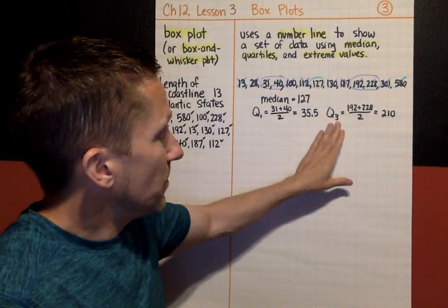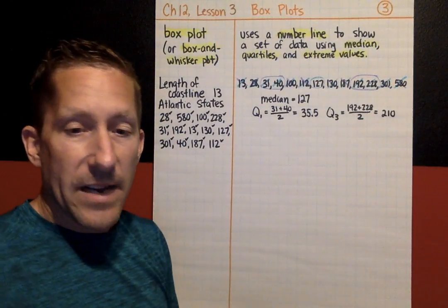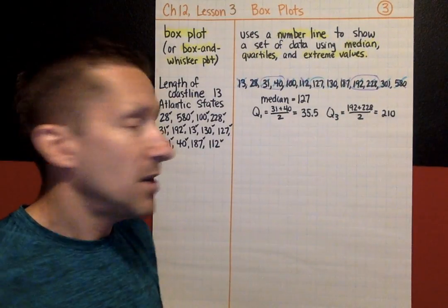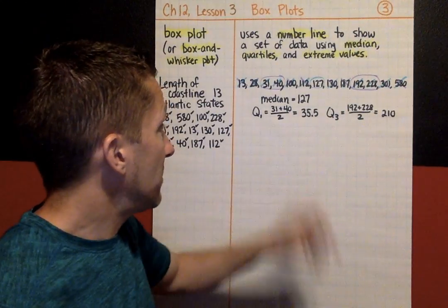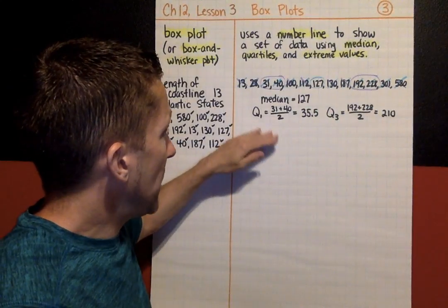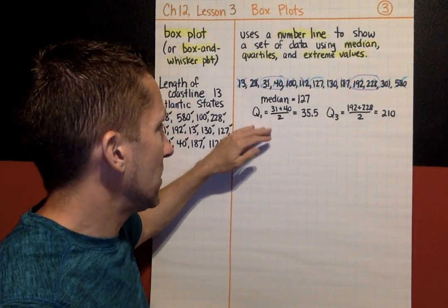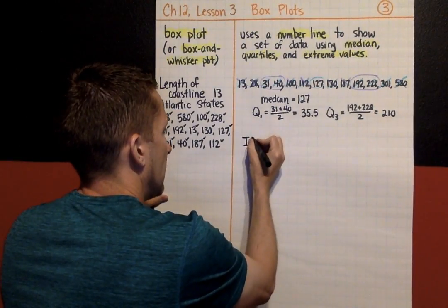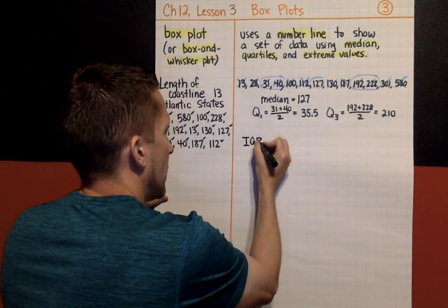In order to remember, for figuring out outliers, we need the interquartile range, and that is Q3 minus Q1. So leave a little space right here, and we'll come back to why we're going to leave that space in a little bit. So leave some space, and then we're going to calculate interquartile range.